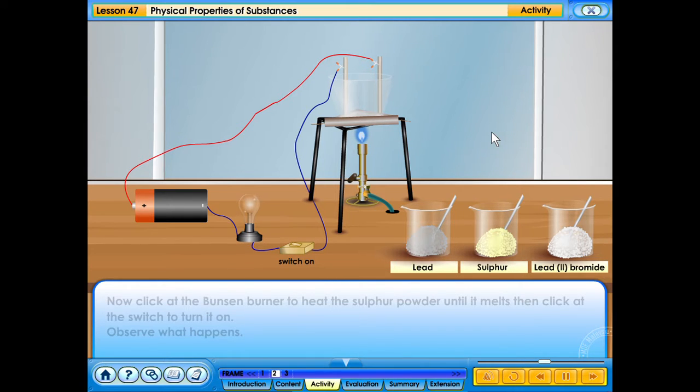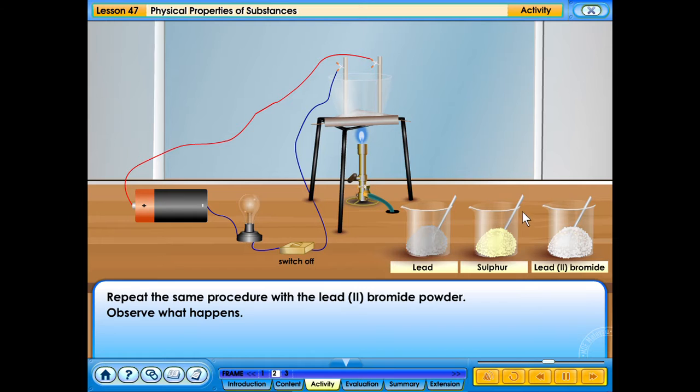Repeat the same procedure with the lead(II) bromide powder. Observe what happens.